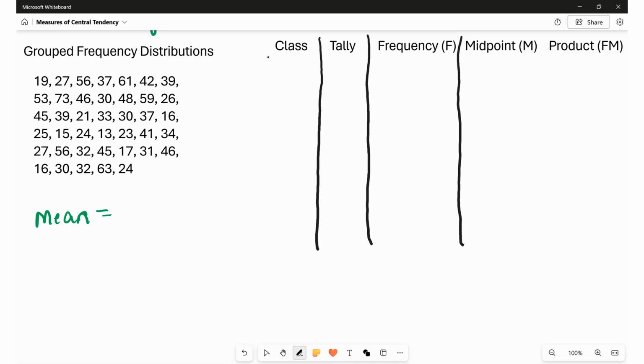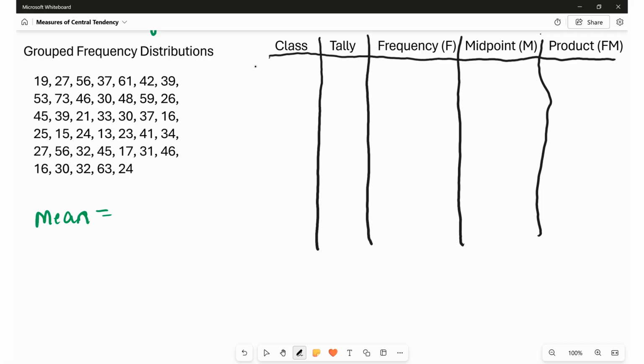And a class is just like the set of values. So we're going to say that our class size is going to be 10.